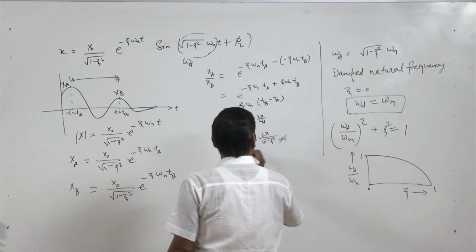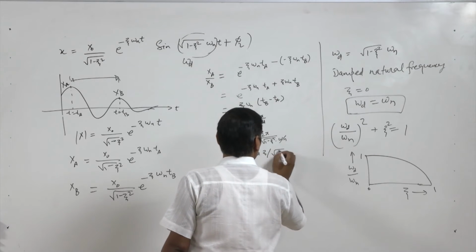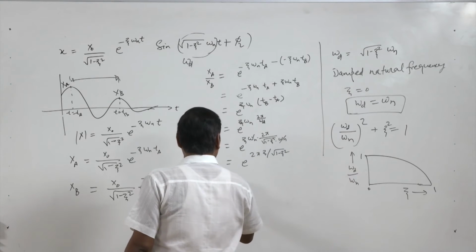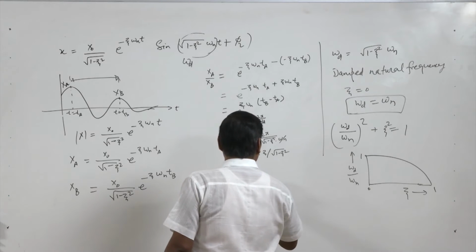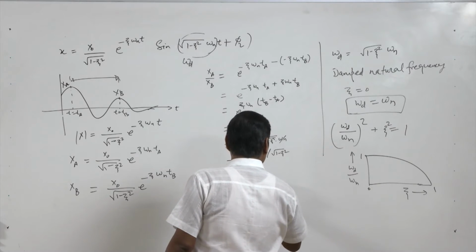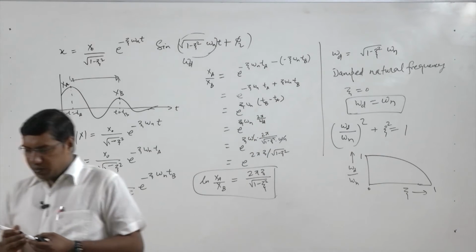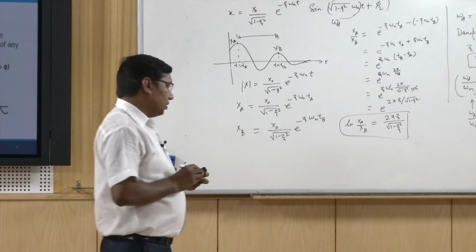The omega n cancels out, and we find e power 2 pi zeta upon root 1 minus zeta square. Now we take the natural log: ln xa by xb equals 2 pi zeta upon root 1 minus zeta square. So the logarithmic decrement depends only on the damping factor zeta.